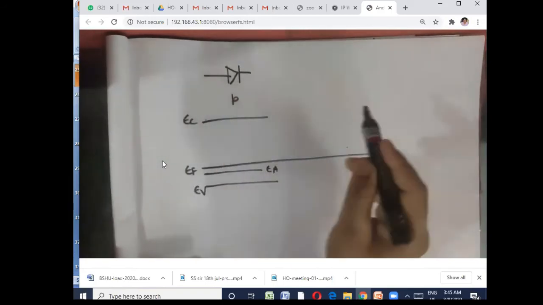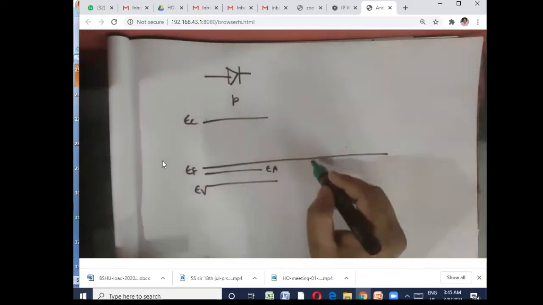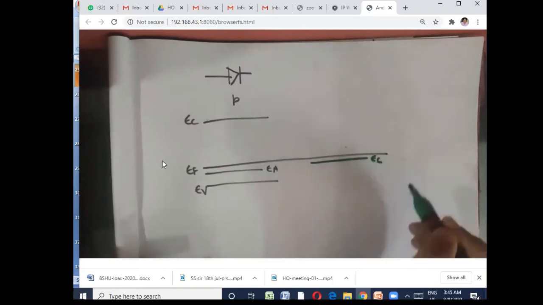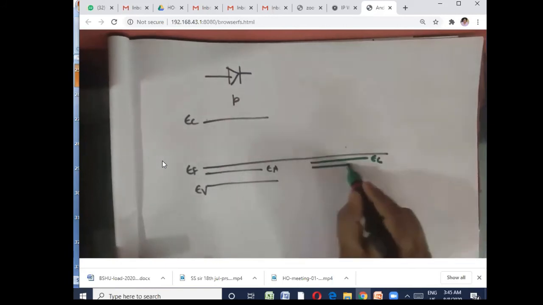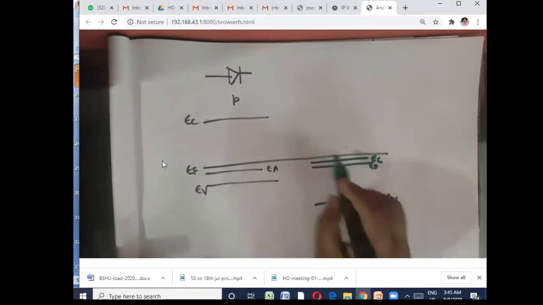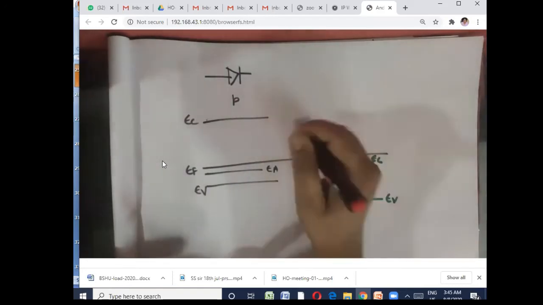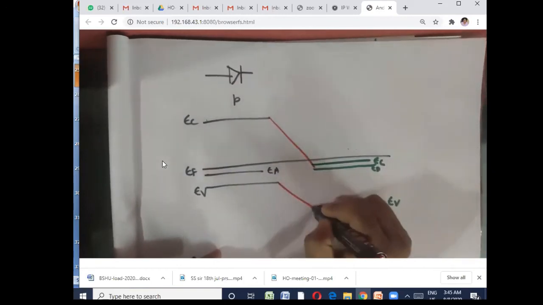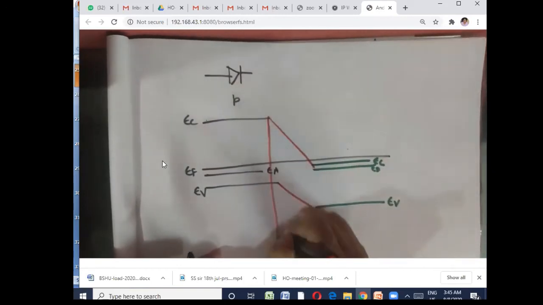This is the P side. On this side, this is the conduction band, this is the donor level, and the valence band. This is the junction you are creating.